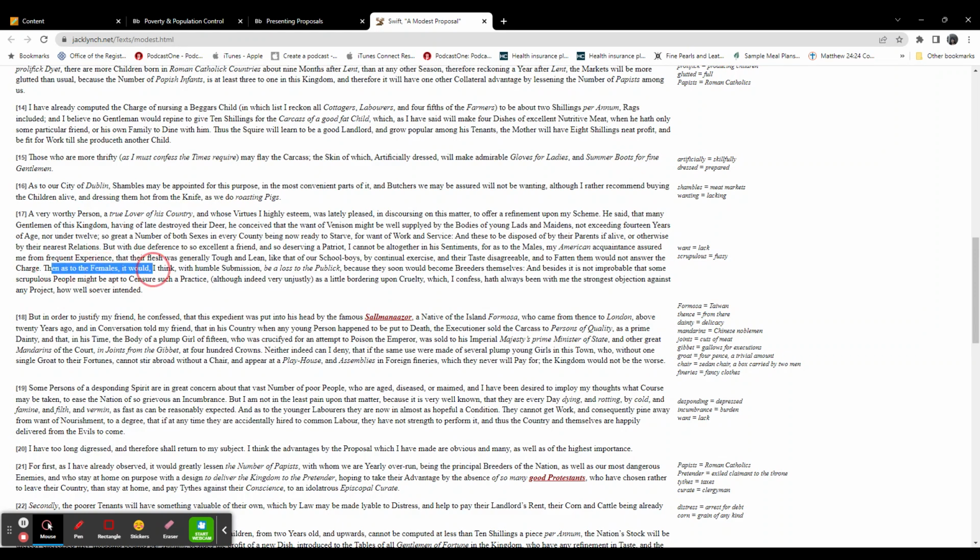So then, as to the females, I think with humble submission it would be a loss to the public, because they soon will become breeders. They could become workers themselves now. And besides, it is not improbable that some scrupulous people might be apt to censure such a practice, although indeed very unjustly, as little bordering upon cruelty. So it's more cruel to eat them at 12 to 14 than to eat them as a baby.